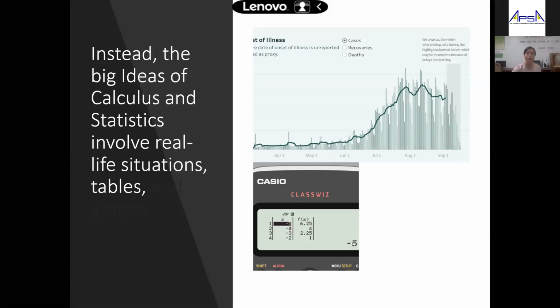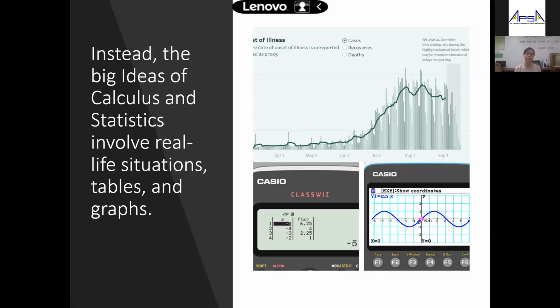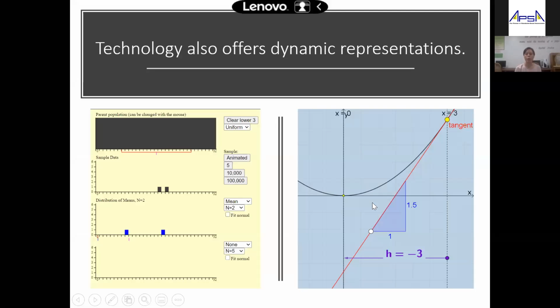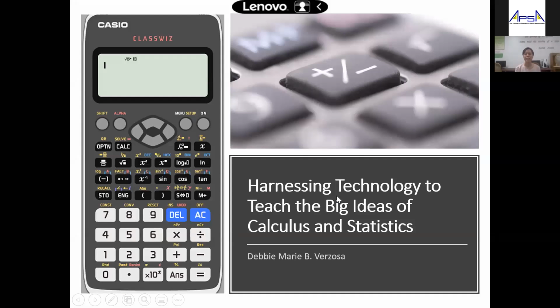We also have graphs. Ayan. Note that all of these representations are facilitated by technology. These are not easy to do by hand. Okay. Technology can also offer dynamic representations. The central limit theorem, for example, is very difficult, but if you actually see the things falling, di ba yung lima, medyo mas madali siyang maintindihan. So, that concludes my presentation.